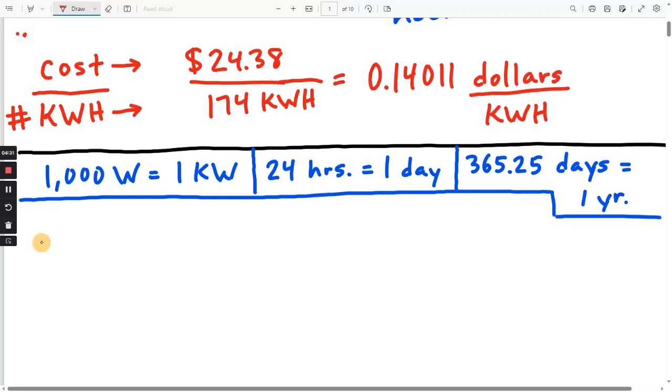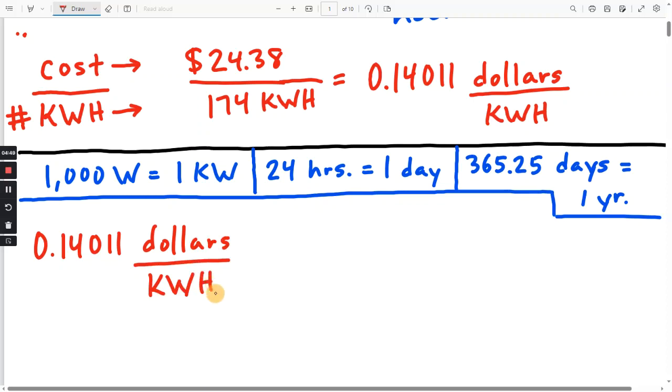We have 0.14011, and that is in dollars per kilowatt hour. Alright. Now we wanted to convert kilowatts to regular watts. So I'm going to take this here and I'm going to multiply it by this conversion right here.